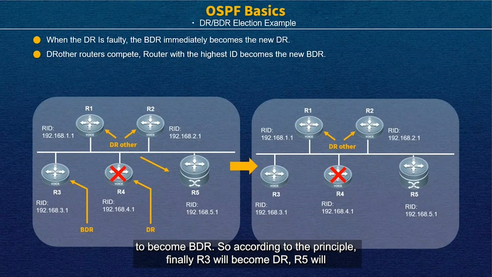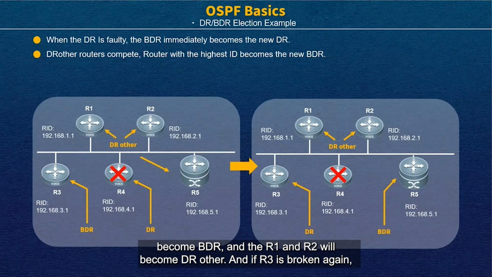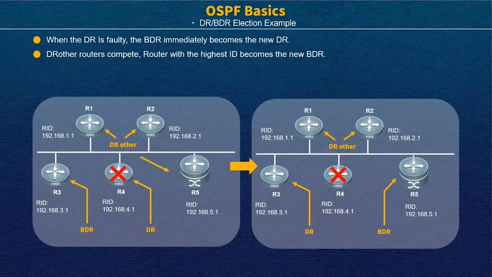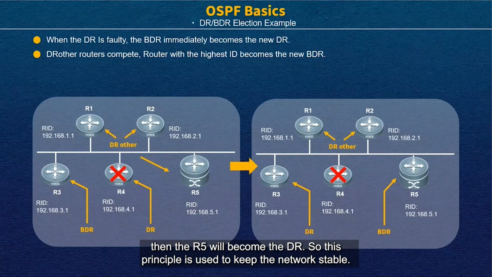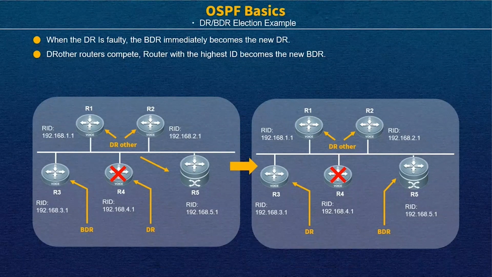So according to the principle, finally router 3 will become DR, router 5 will become BDR. And router 1 and router 2 will become DR other. If router 3 is broken again, then router 5 will become a DR. So this principle is used to keep the network stable.